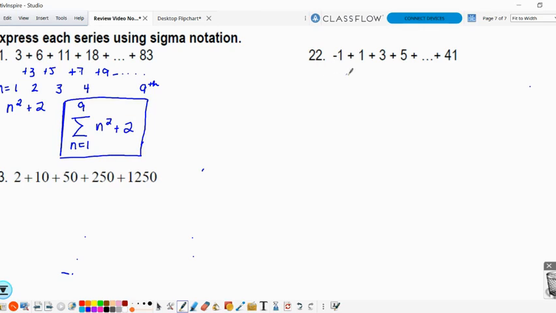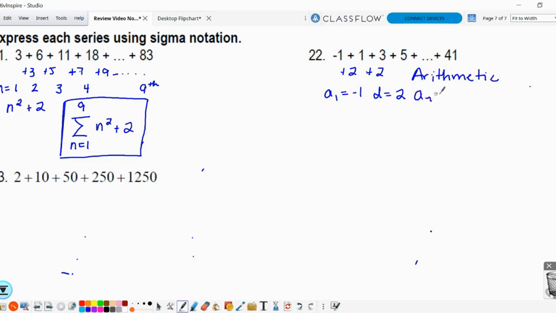All right, in number 22, we're still using sigma notation. We're going to look first to see if it's arithmetic or geometric. -1 to 1, 1 to 3, 3 to 5. We are adding 2, which makes this one arithmetic. And we're adding all the way to wherever 41 is. So we know that the first term is -1. We know our common difference is +2.